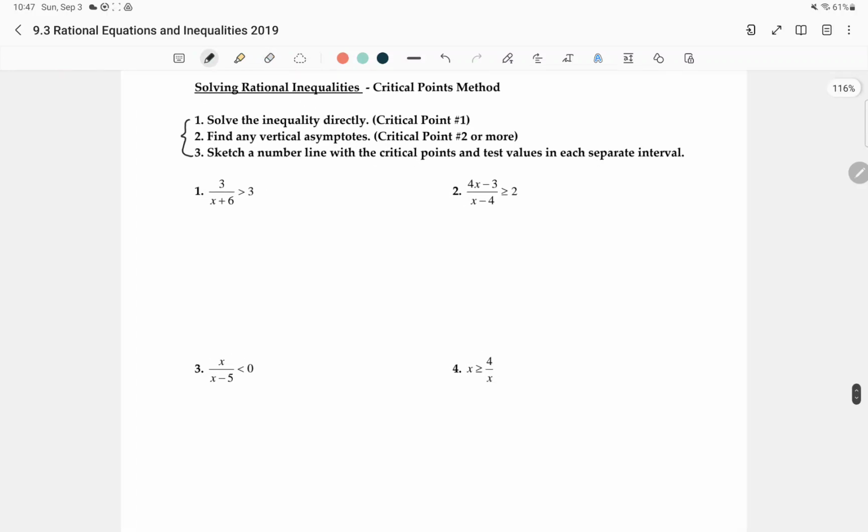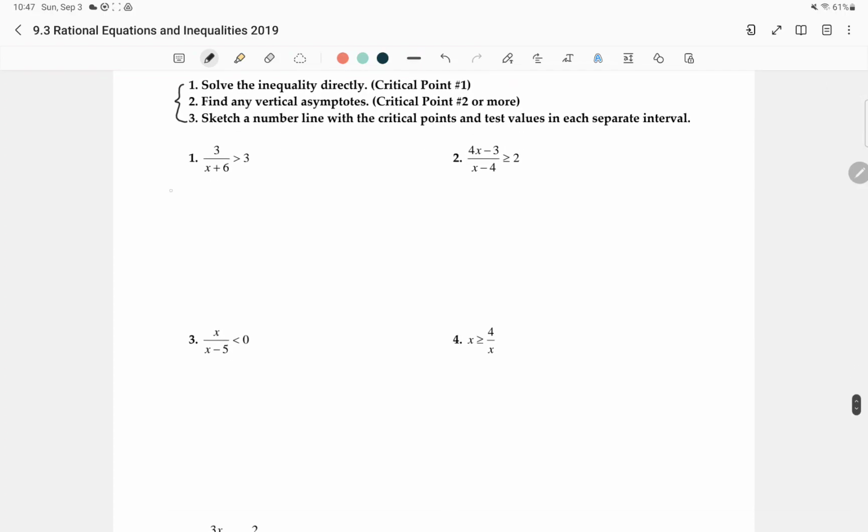Alright. So let's get started with number 1. We want to do our first step. Let's find critical point number 1. So we want to solve the inequality directly, so we're going to make it like an equation. We're just going to say, what if it's equal?